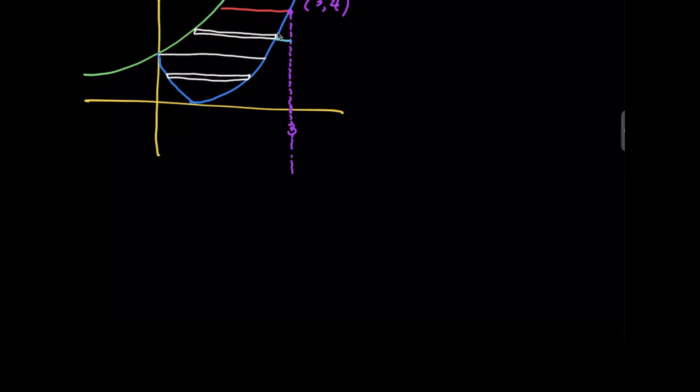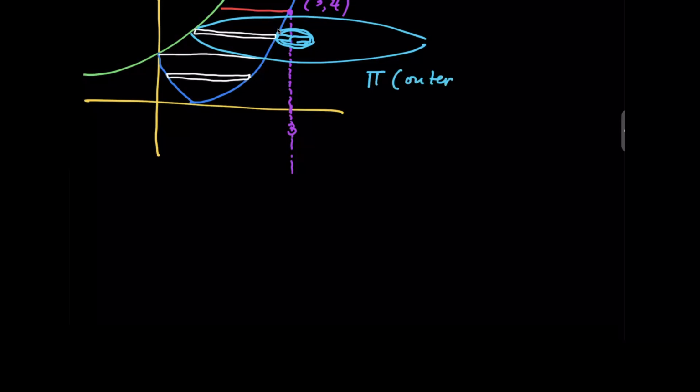This part over here is the hole. What is it that we need to remember for washers? The volume is equal to pi times outer radius squared minus inner radius squared times the height or the thickness of your slab.